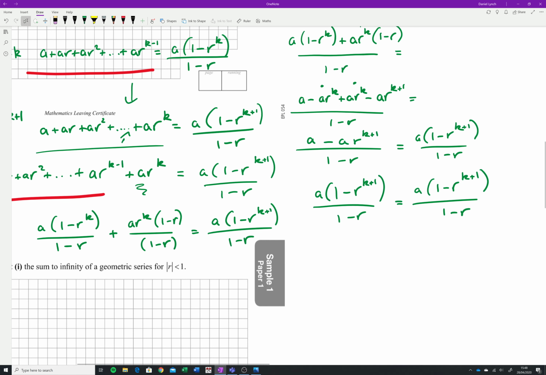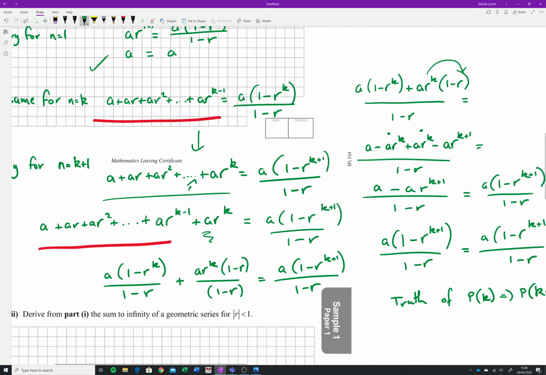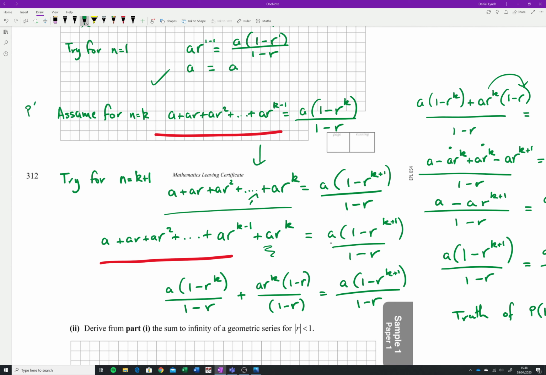So we can now say, there's that really annoying spiel to write down, that the truth of P(k) implies the truth of P(k+1). And if we want to, we can go back and label what each one was. We call that proposition 1. This is proposition k.